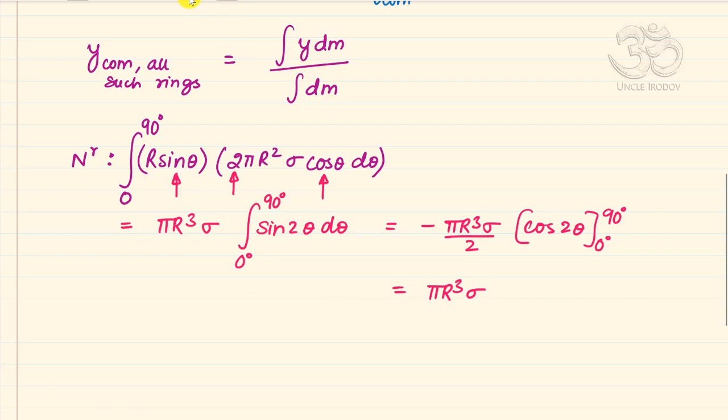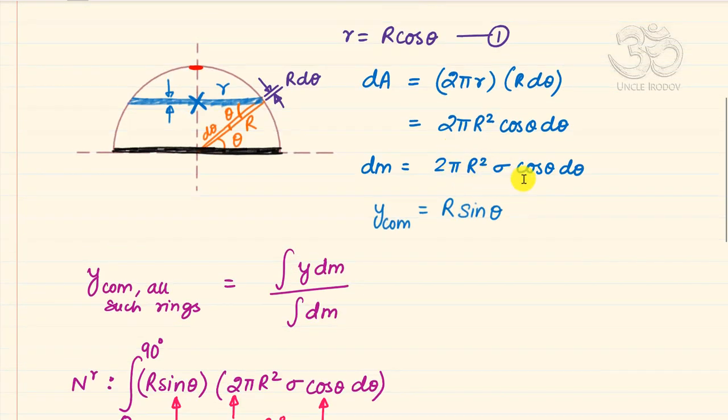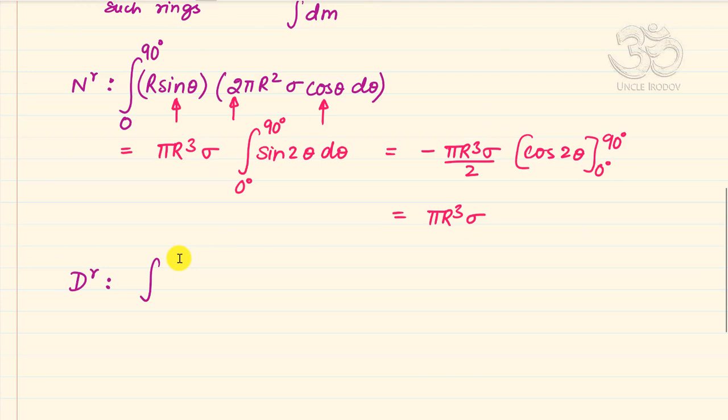Now what about the denominator? When you look at the denominator, you will have to integrate that dm thing. So 2 pi R square sigma cos theta d theta, and the limits for theta will be the same, 0 degrees to 90 degrees, and you can take the constants out.